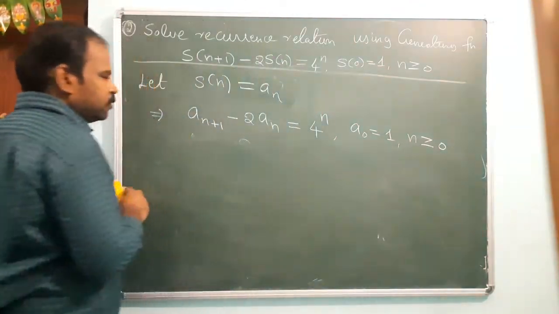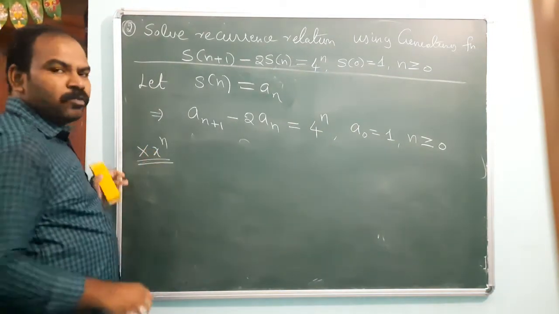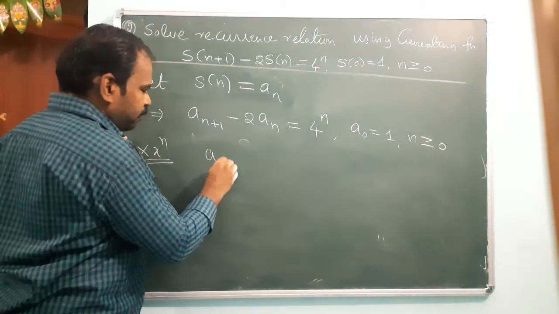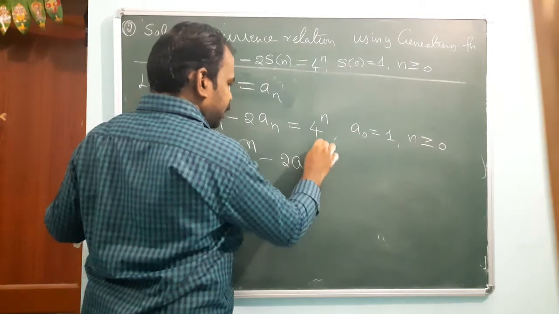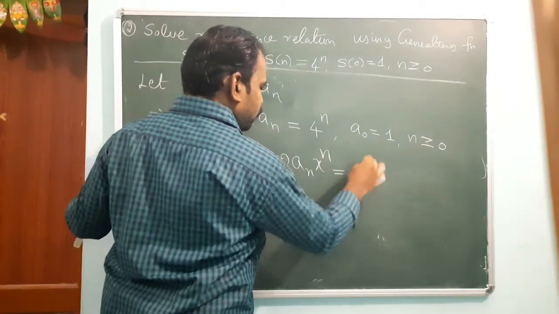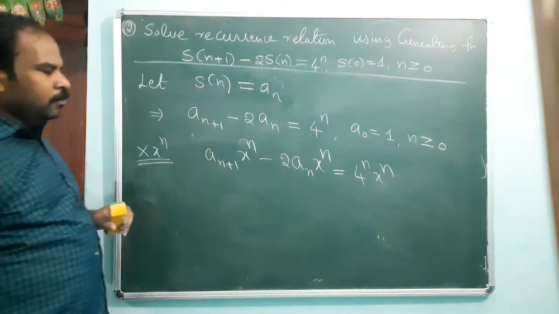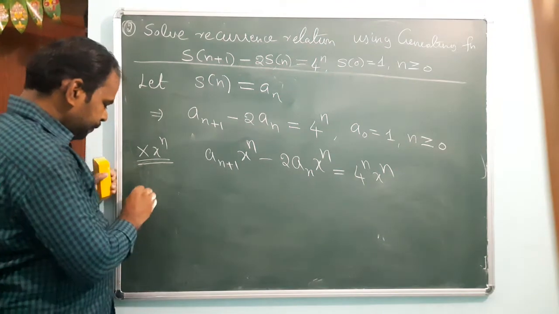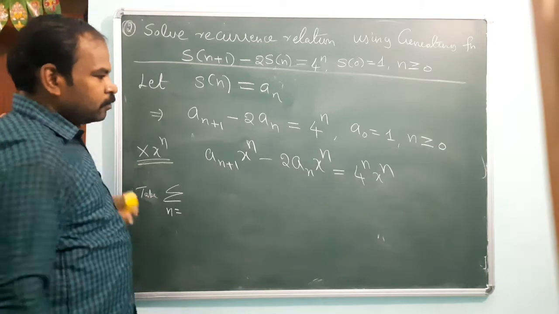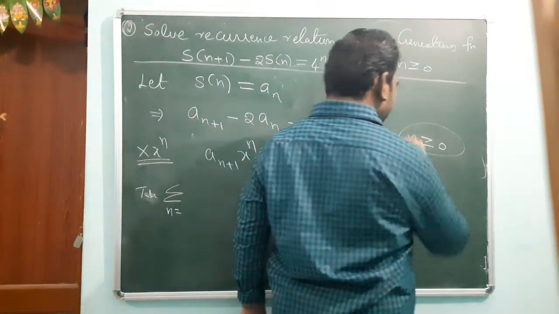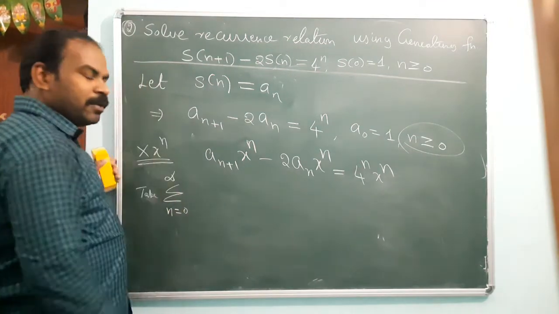Now what is the first step? Multiply by x power n on both sides. So a n plus 1 x power n minus 2 a n x power n is equal to 4 power n x power n. What is the next step? Take summation, n is greater than or equal to 0, so we take n equal to 0 to infinity.